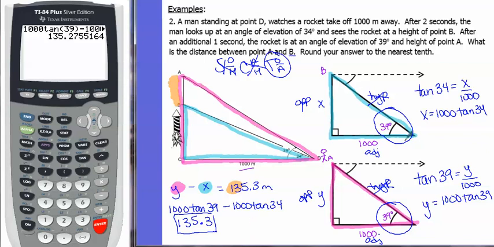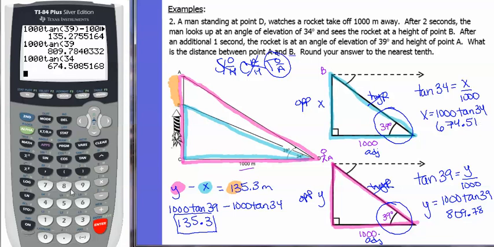So if I wanted to do each of these individually, I still could, just to show you. 1,000 times tangent of 39. When I do that, I get 809.78. Now, when I do 1,000 times tangent of 34, I get 674.51.